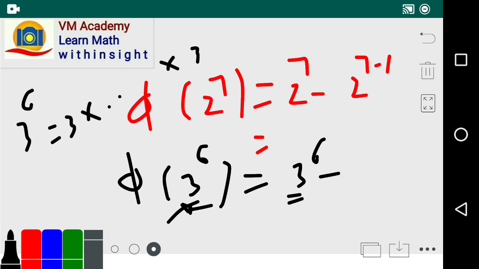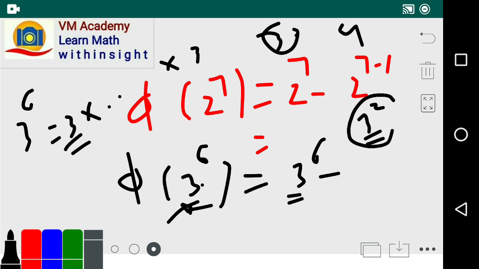We have to count the total number of multiples and omit them, because they are not co-prime. For example, 3 and 3 raised to 6 have 3 as a common factor. Similarly, 9 and 3 raised to 6 have 3 raised to 2, that is 3 into 3, as a common factor.